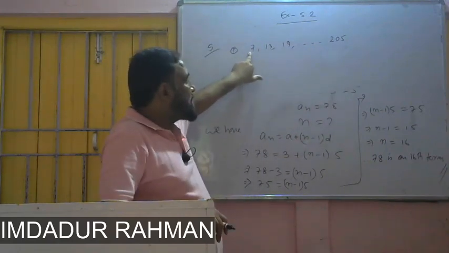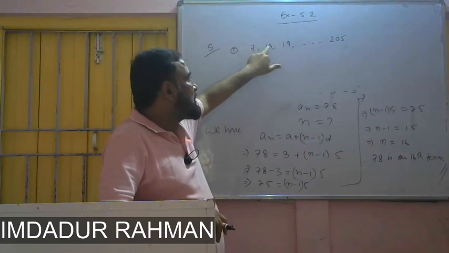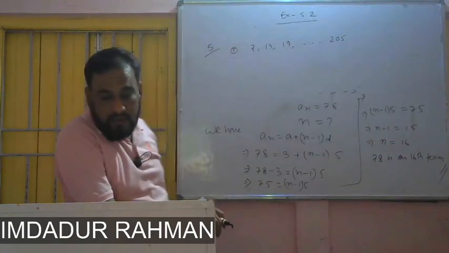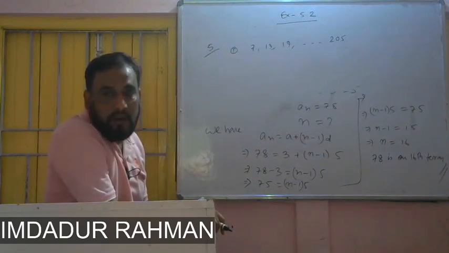So A is 7, the common difference is the second term minus the first term, and the last term is given. We have to find the number of terms. Find the number of terms in each of the following APs.